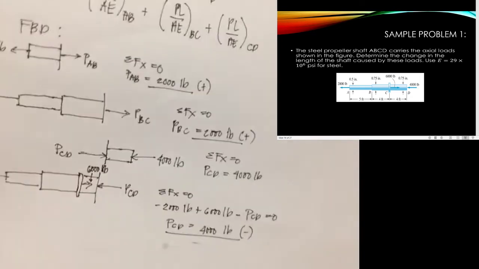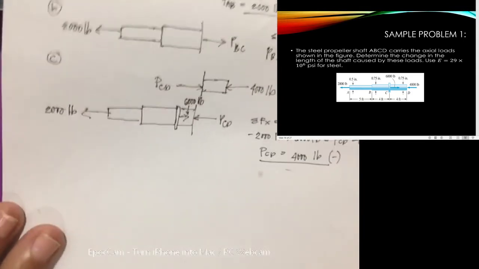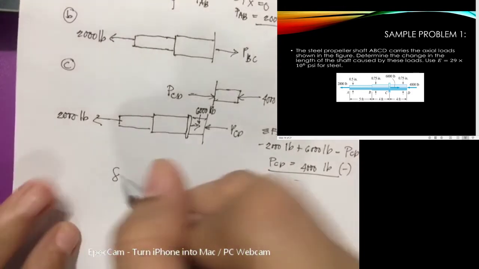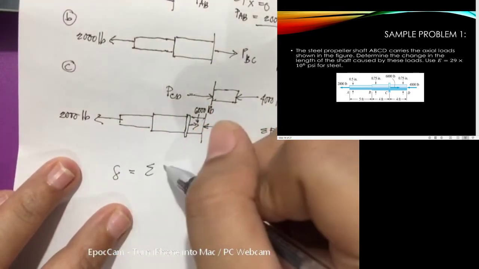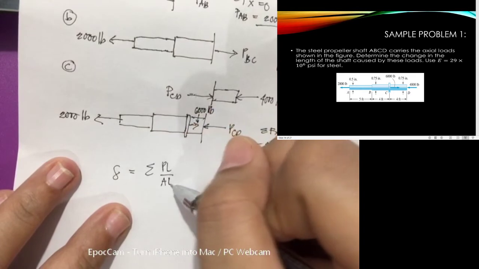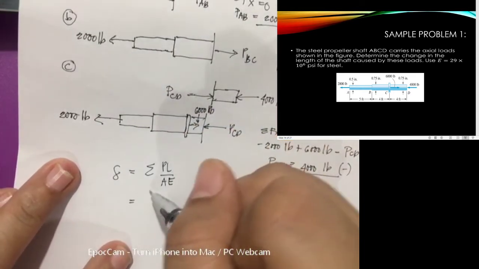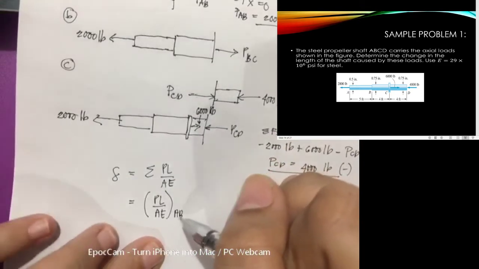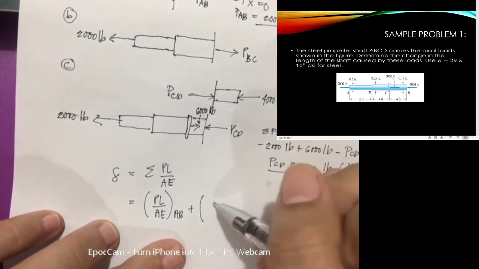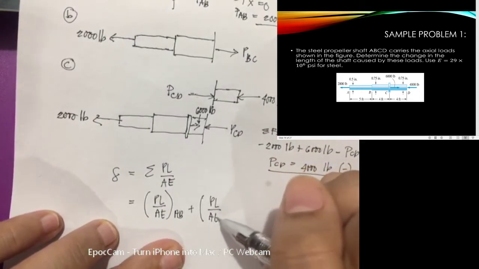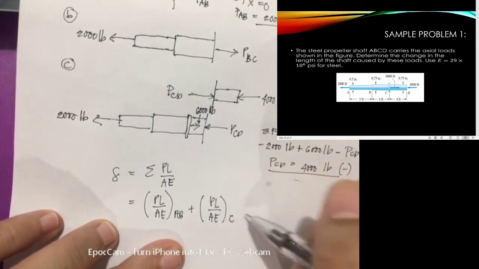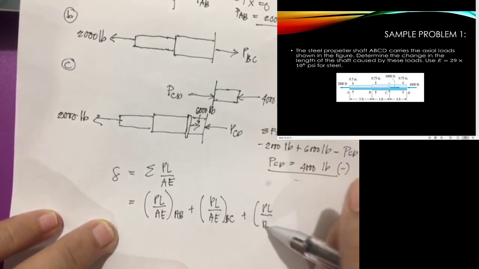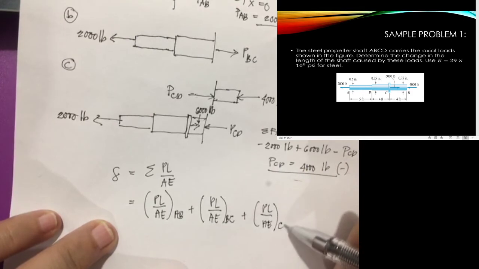We can now proceed to solve for the deformation. So, again, deformation is the summation of PL over AE. That is PL over AE for section AB plus PL over AE of section BC, then plus PL over AE of section CD.